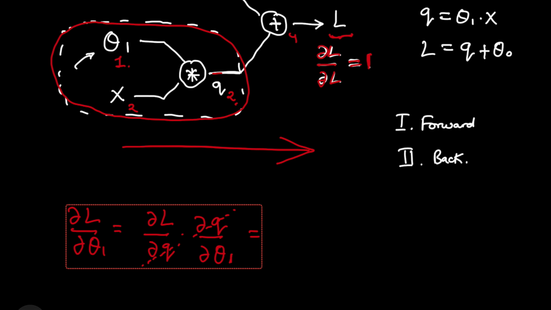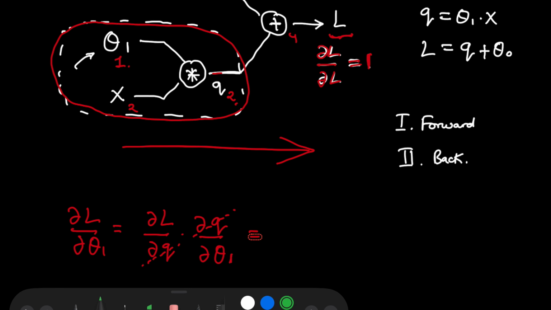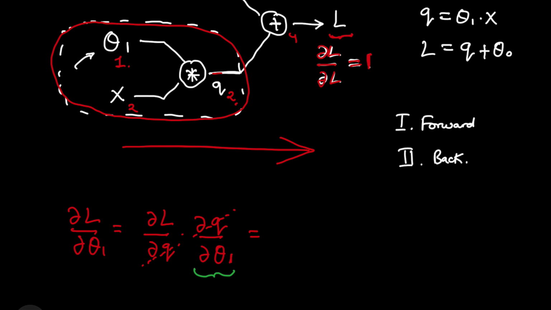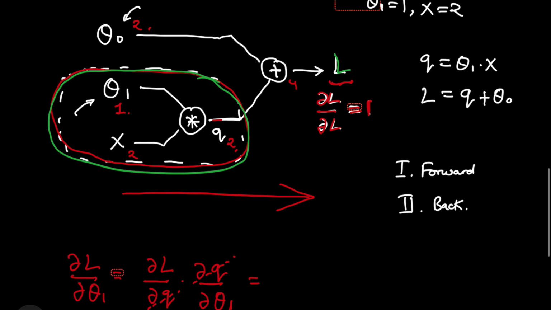This is called the chain rule. This del q over del theta 1 is the local gradient, and del L over del q is where L is here and we are coming towards this part, so we are propagating this loss backward.